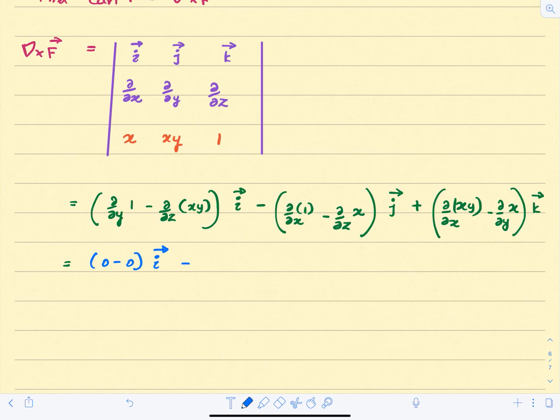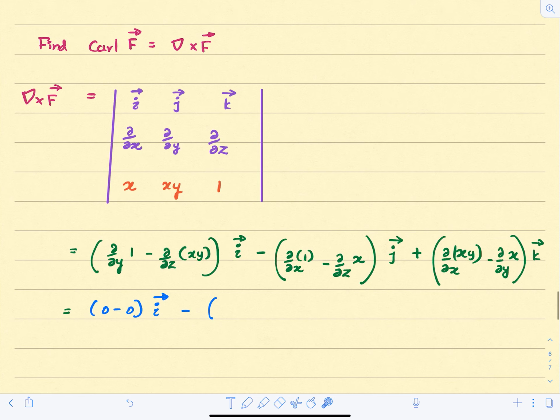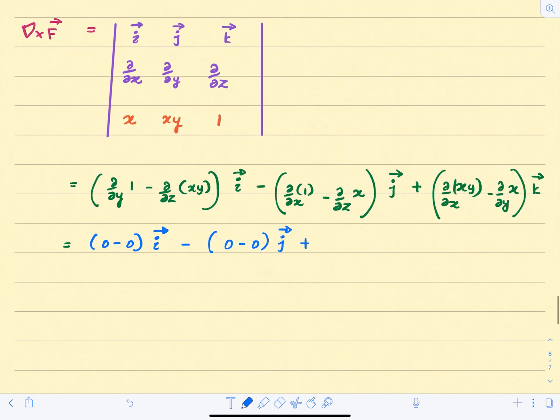Again the derivative of 1 with respect to x is 0, minus the derivative of x with respect to the z variable is also 0, plus now partial over partial x of xy, which gives y, minus 0 times vector k.